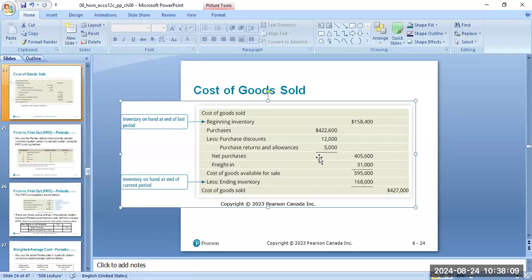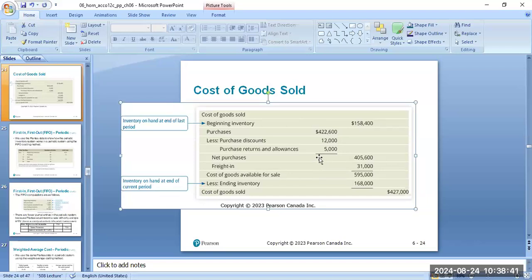The beginning balance plus the net purchases plus the freight in is going to give us cost of goods available for sale. We're going to count the inventory again. We're going to see how much our inventory is. We're going to deduct it from the cost of goods available for sale. And indirectly, we're going to calculate and come up with the cost of goods sold.